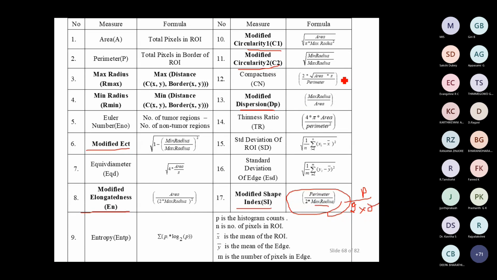Like this we changed the parameters; in all the equations, instead of the radius we used the max radius. So we defined our new set of features, which are found to be effective in discriminating the shapes, because with shape-based features we have to differentiate the various shapes: round, oval, regular and irregular. So this is the contribution we did.